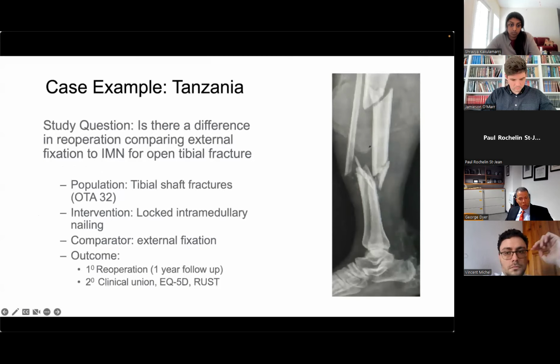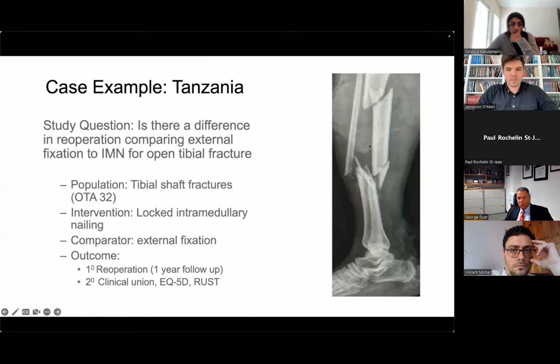We've defined a population of tibial shaft fractures, the intervention, a locked intramedullary nail, its comparator, which is an external fixator, and we're measuring outcomes that include primarily reoperation within the 1-year follow-up window, and secondarily functional and patient-reported outcomes, as well as clinical union and radiographic union.